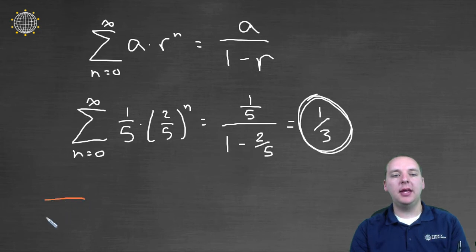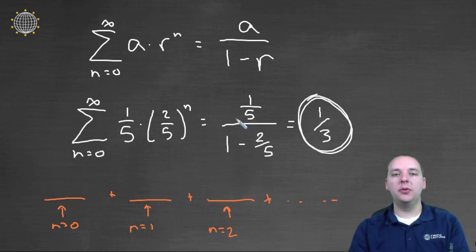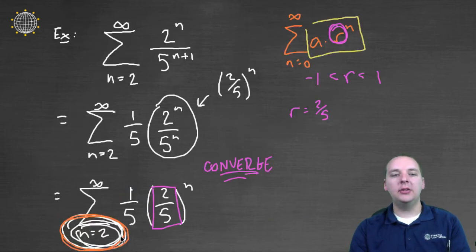That means if you take the n equals 0 term and add it to the n equals 1 term plus the term where n equals 2 plus and so on, and do that forever, this sum from 0 to infinity would add up to a third, right? That's what this means.